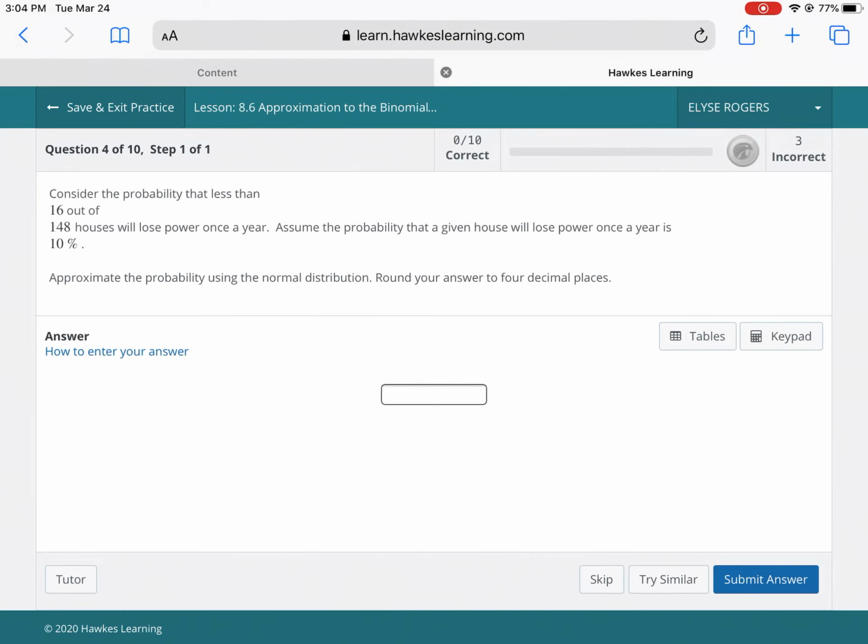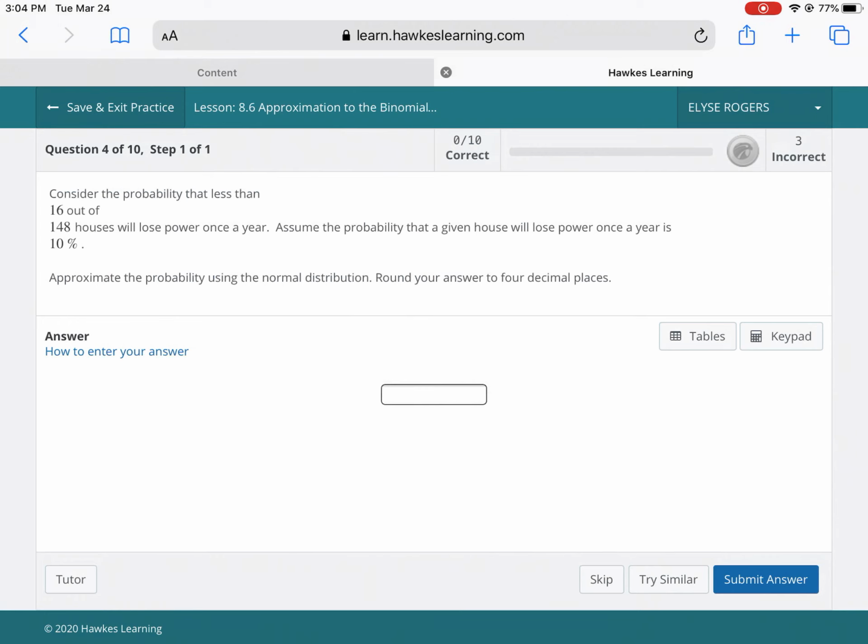We have a binomial distribution because they can either lose power or not lose power. They've got success and failure, those two outcomes. We know that our number of trials, n, is the number of houses, 148. And our probability of success, in this case the probability that you lose power, is 10%.